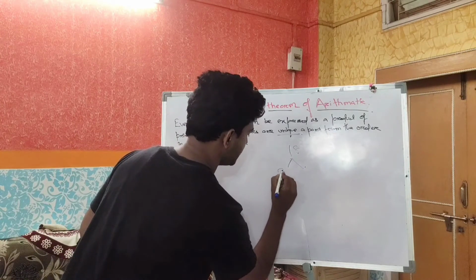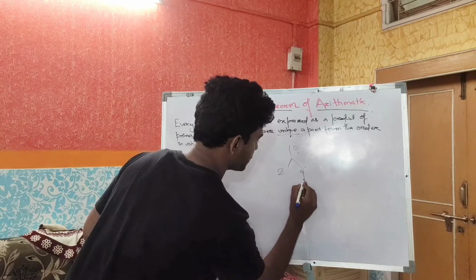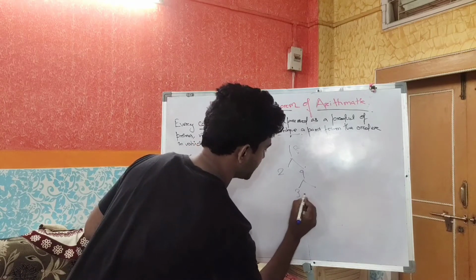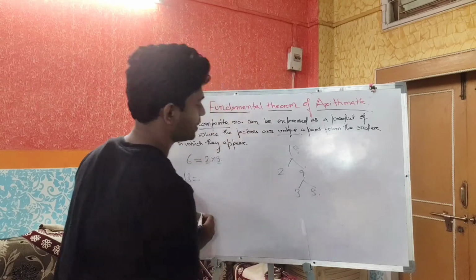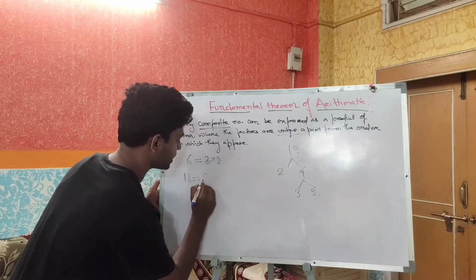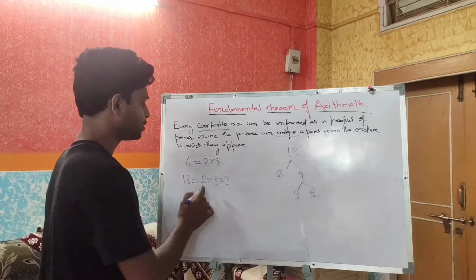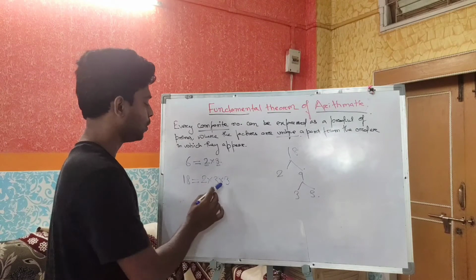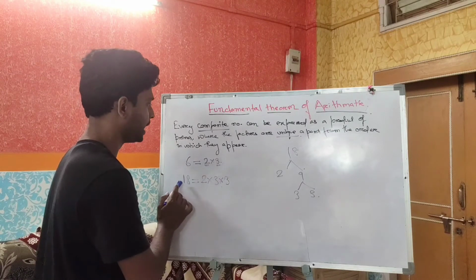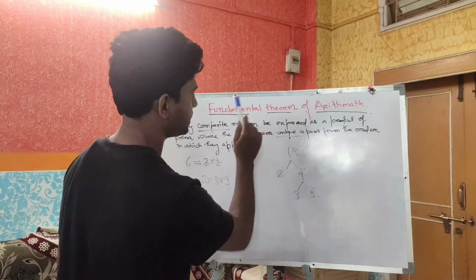So 18 is 2 times 9, and since 9 is a composite number, 9 can be broken down into 3 times 3. 2, 3 and 3 are prime numbers. So 18 can be written as 2 times 3 times 3. So here 2 times 3 times 3 are the only factors which can make 18. So we have successfully shown the uniqueness part of this theorem.